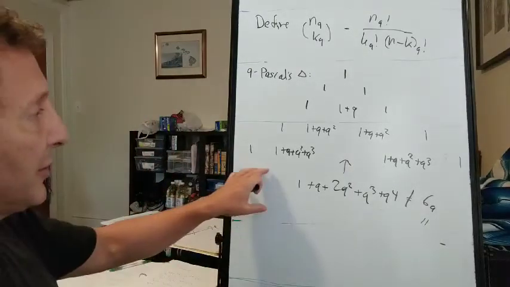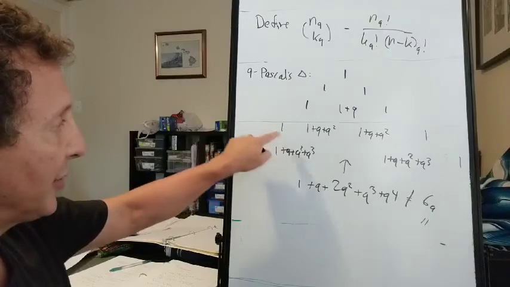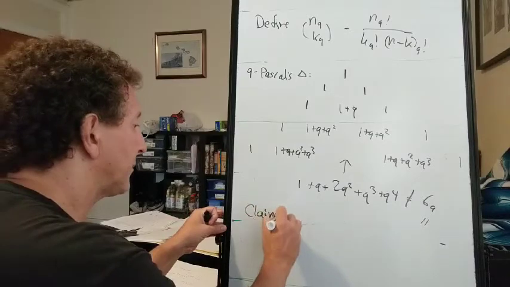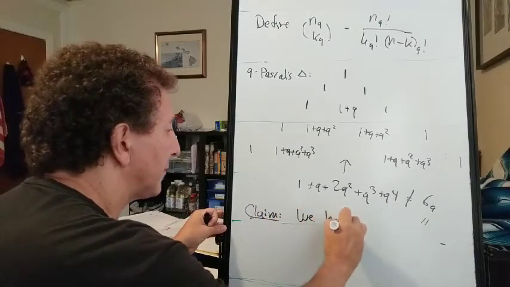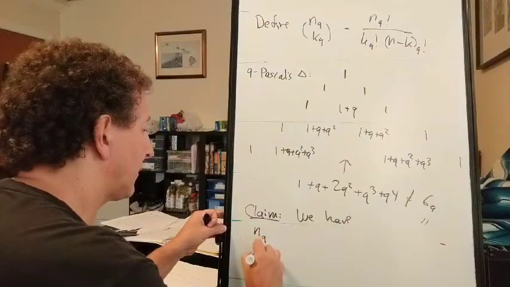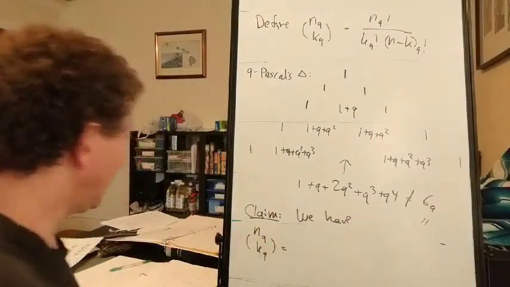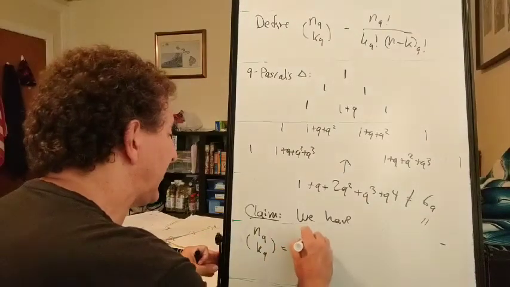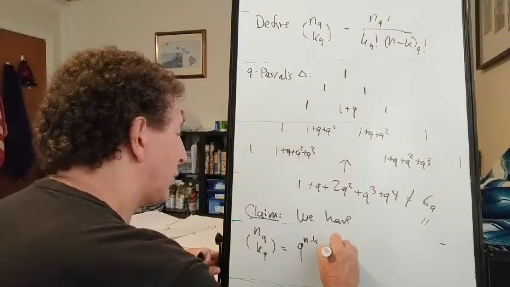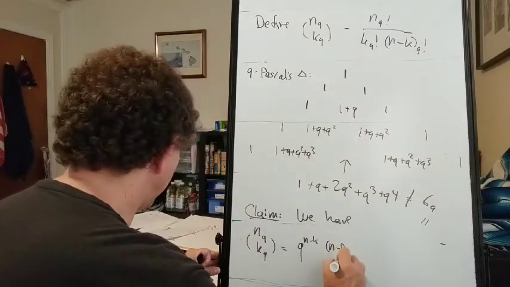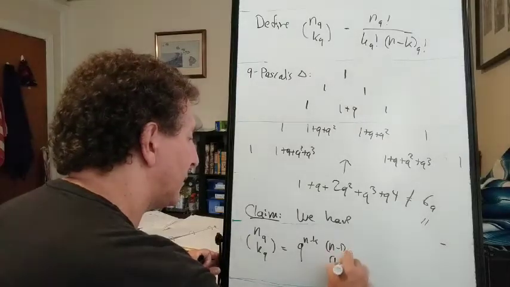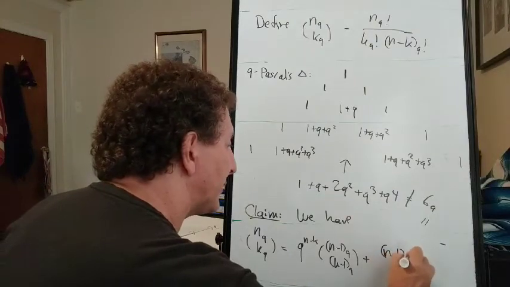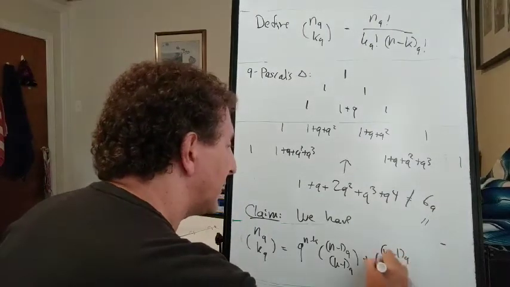Now there is a recurrence formula that we can use to get one entry in terms of the 2 above it. So it turns out that quantum n choose quantum k is q to the n minus k times quantum n minus 1 choose quantum k minus 1 plus quantum n minus 1 choose quantum k.